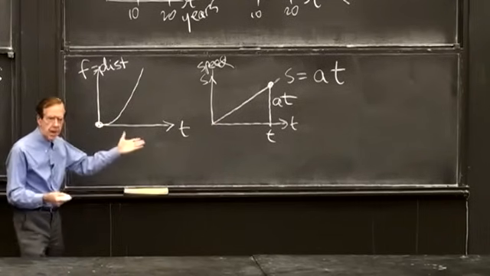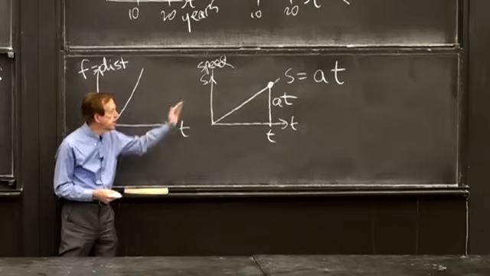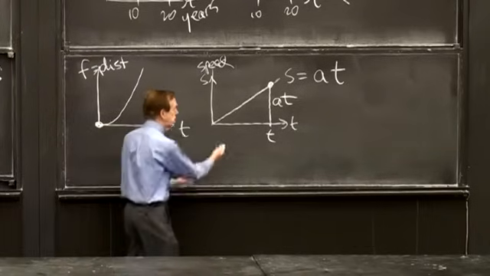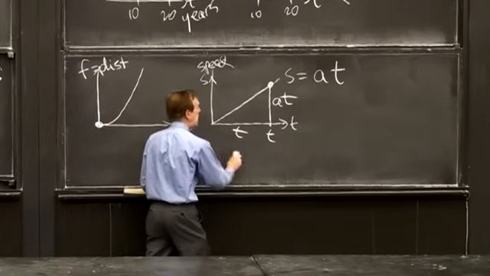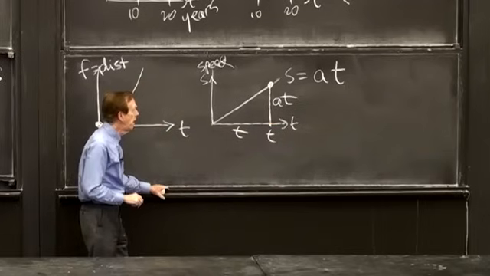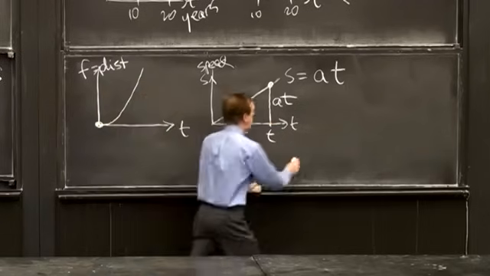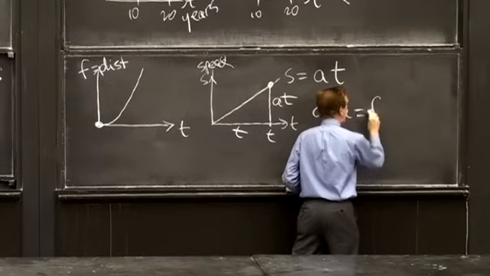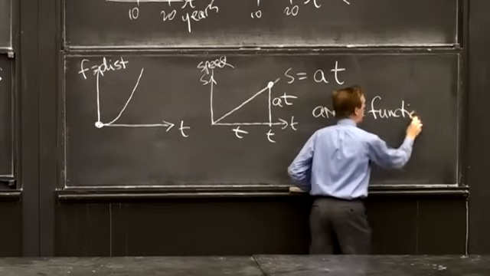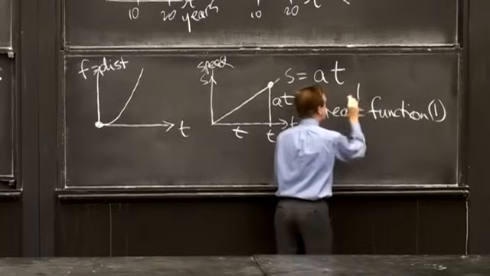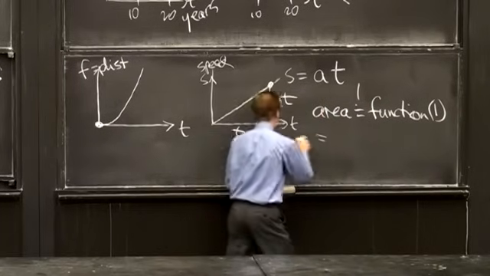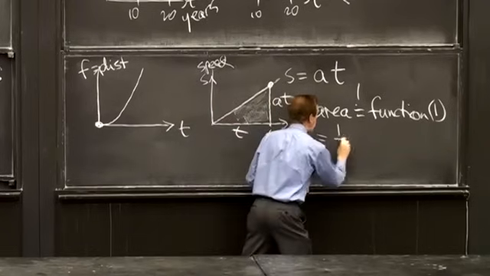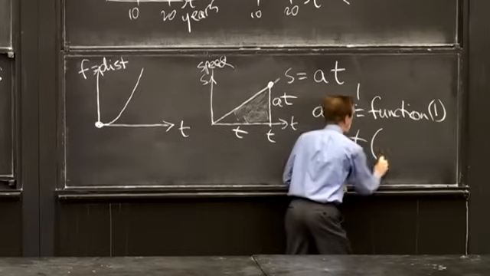And in this example, with a nice constant acceleration, steady increase in speed, we know this. This is a triangle. It has a base of t, it has a height of at, and the area of a triangle, of course. The area, and my point is that the area is function 1, amazing. That's just terrific. The area of this triangle here is 1/2 of the base times the height.